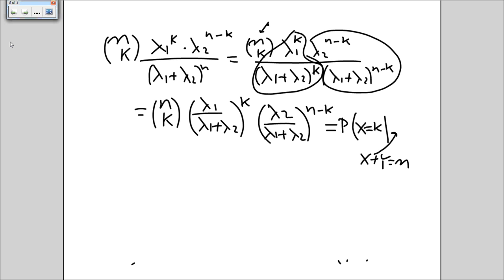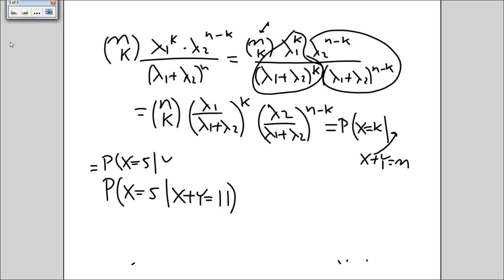If you are asked, what is the probability that x is 5, given that x plus y is equal to 11? Keep in mind this is the same as the probability that x is 5, given that y is 6, because if x is 5, what do you add to get 11? 6. So those two are equal.